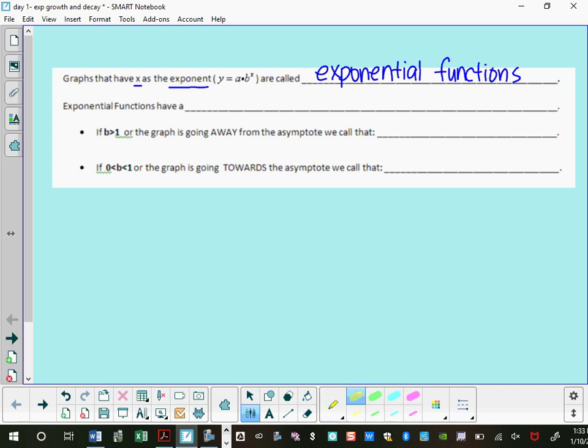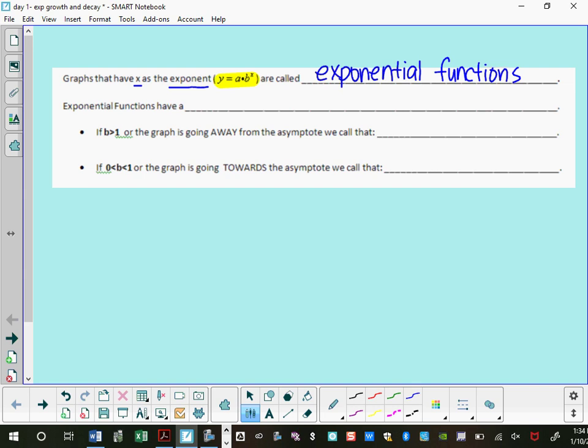So if you take a look at this, y equals a times b to the power of x. Whenever you see that variable x in your exponent, that tells you it's going to be exponential. I think it's kind of easy to remember because your options are either exponential or logarithm. And so the exponential kind of just explains that.